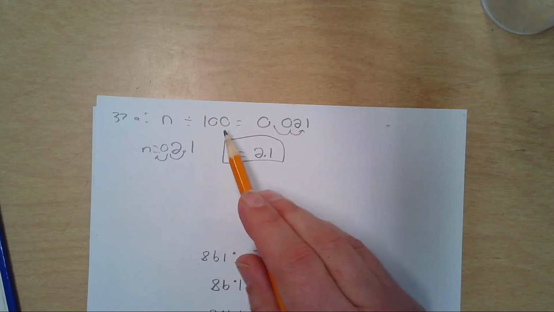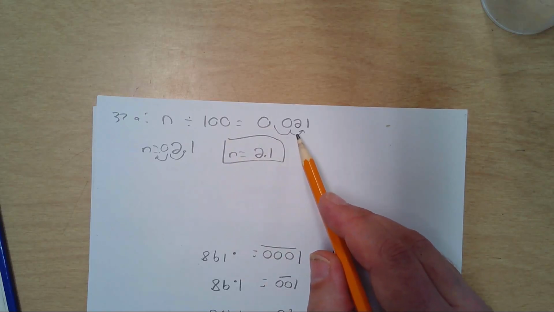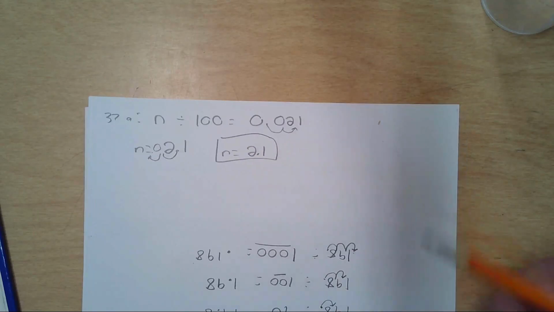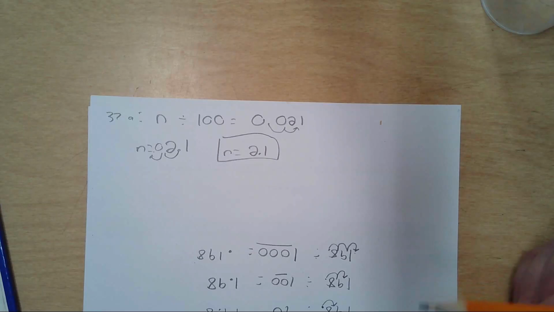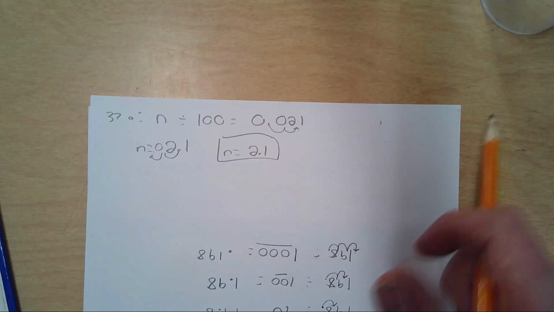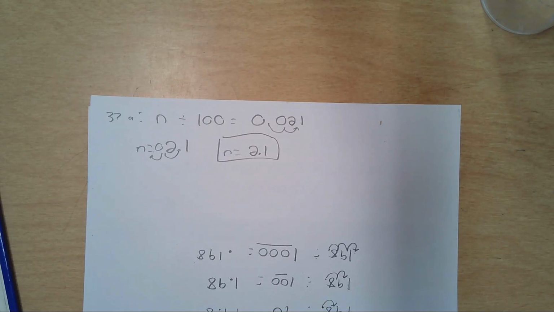Basically, I divided by 100, meant I moved my decimal 2 spots to the left. So if this is where it is after I've already moved it 2 spots to the left, the question is, where was it when I started this whole thing? I need to move it back 2 spots to the right. Most of the time we're figuring out where we end, right? 9 divided by 10, 5 divided by 100, where do we end? That's normally what you do.